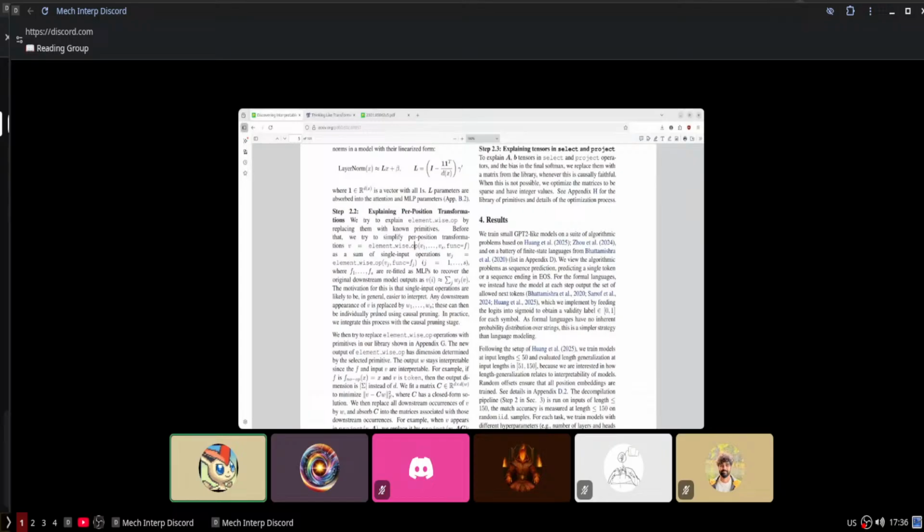They are trying to replace the MLPs, which in the RASP program are the element-wise operations, with this basic library of operations that they basically made up by hand, based on things like induction heads and all that, and they are trying to see if replacing it gets high accuracy.